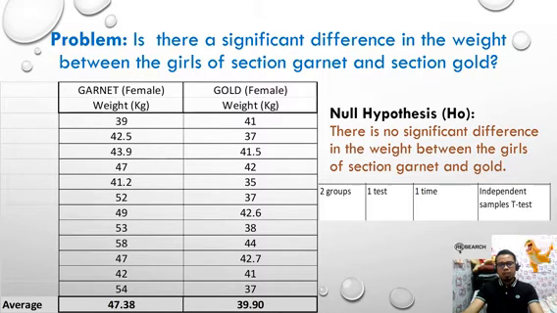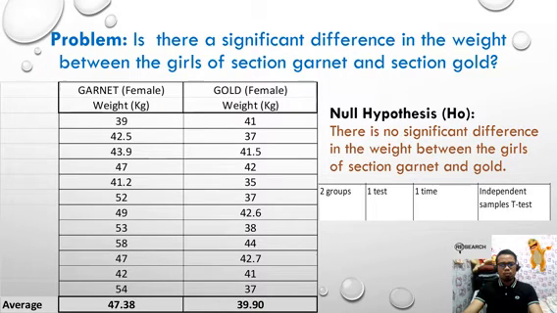Let's have this problem. Is there a significant difference in the weight between the girls of section garnet and section gold? So we are now comparing the female weight of section garnet and section gold, and we get 12 respondents from the garnet section and another 12 respondents from the gold section.